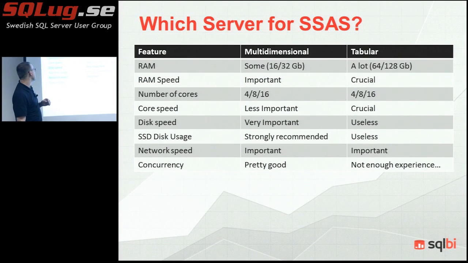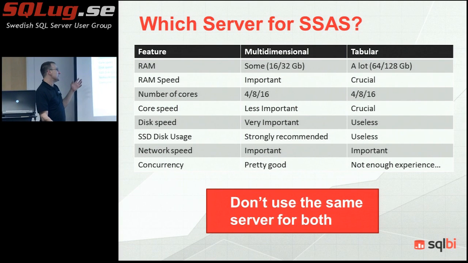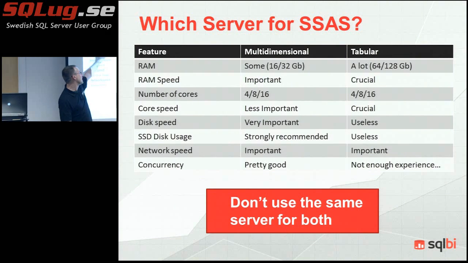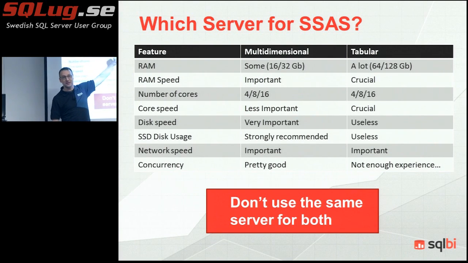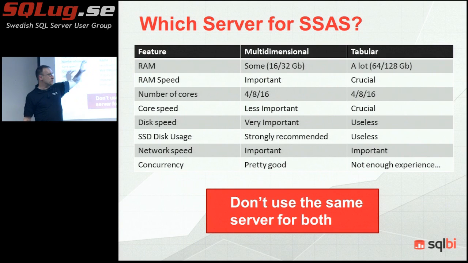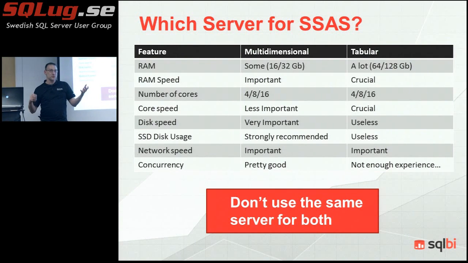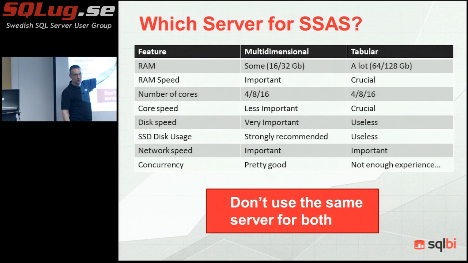And for this reason, the idea is don't use the same server for both. If you already have a server, for sure it will be a server for multidimensional. It will probably not be a server for tabular. If you try to make tabular run on a multidimensional server, you are not going to get the best performance. If you want to go tabular, you need to buy a tabular server.